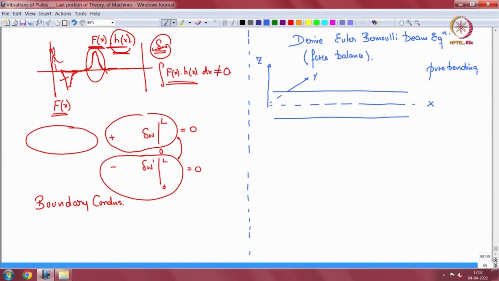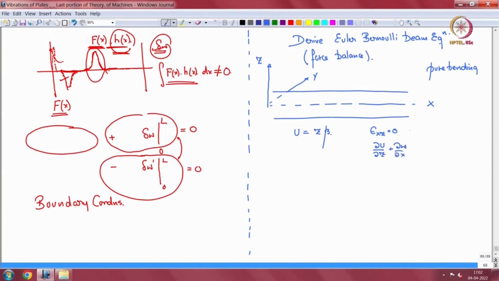So now what do we have? My axial displacement u is equal to z times beta, with epsilon xz going to 0. What is epsilon xz? It is del u by del z plus del w by del x.